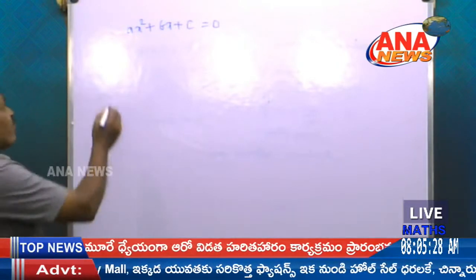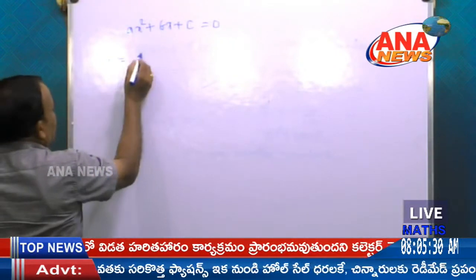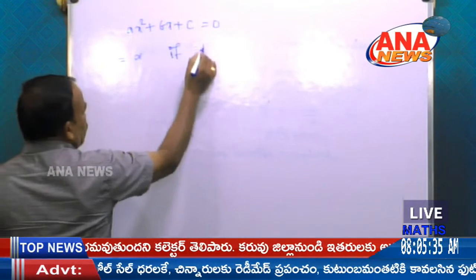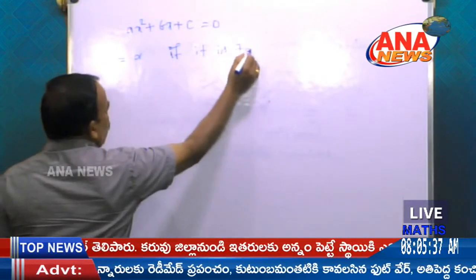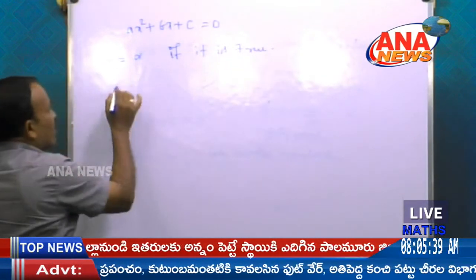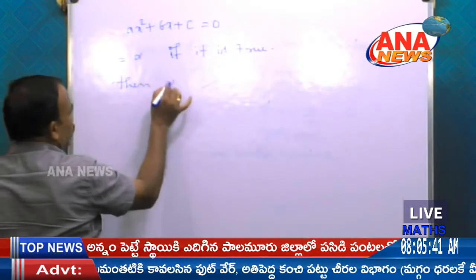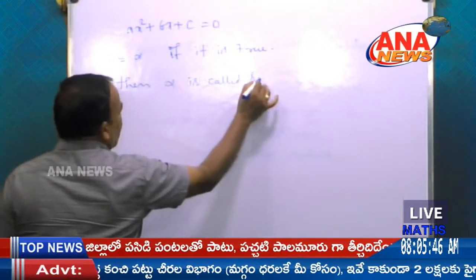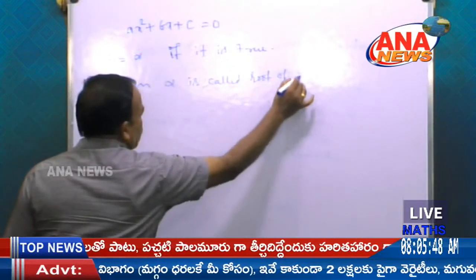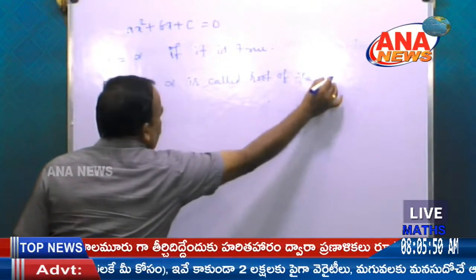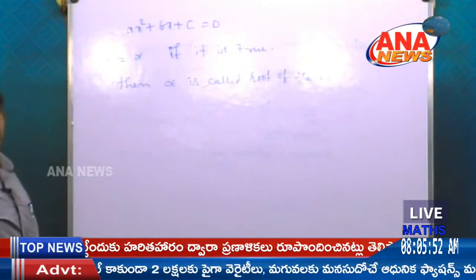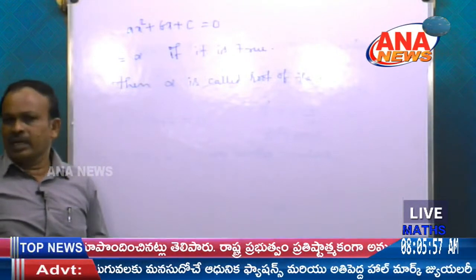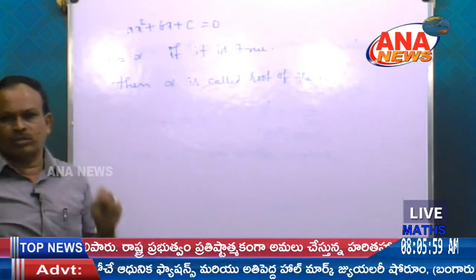If x is equal to alpha, if it is true, then alpha is called a root of the equation. So see, this is a second degree equation. A second degree equation has two roots.